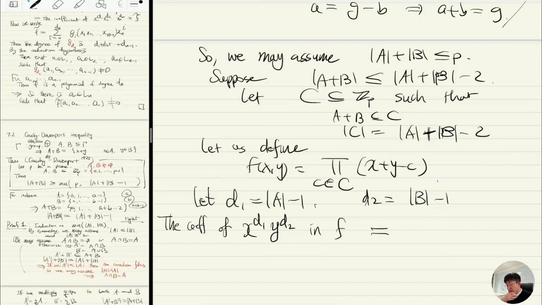So d1 plus d2 is |A| plus |B| minus 2. And we are multiplying |A| plus |B| minus 2 polynomials of degree 1, so we can never use the minus c term. We're only using x and y, right? So the number of ways you choose this is going to be d1 plus d2 choose d1, how many times you multiply x.